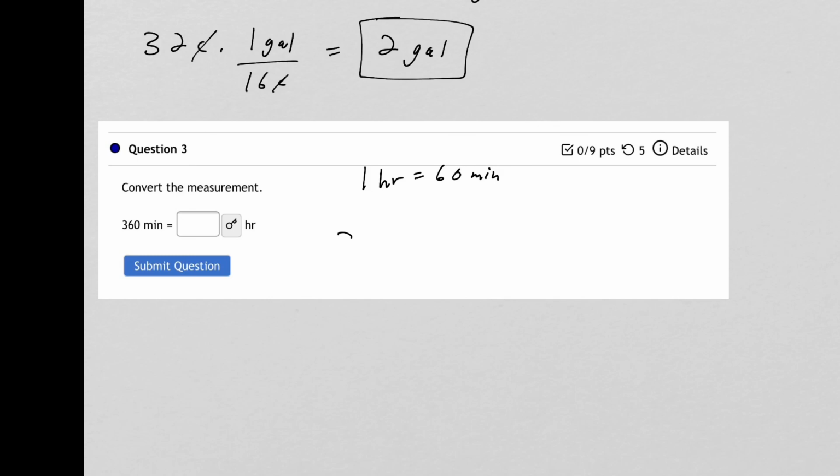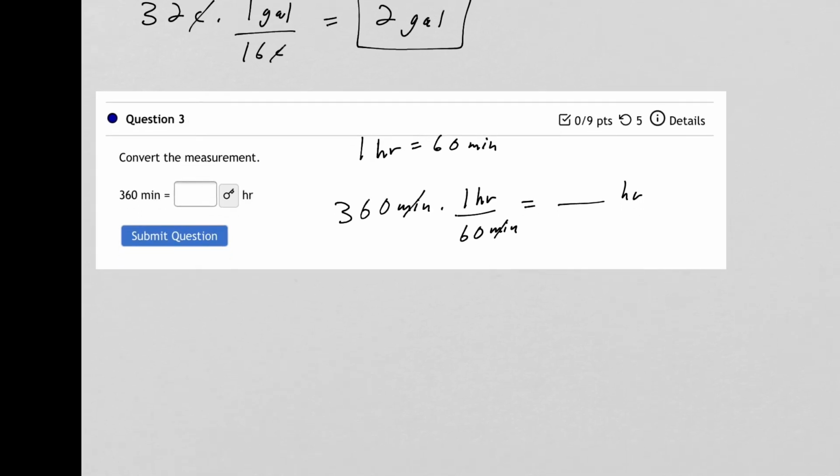So I start with 360 minutes. I want my answer to be in hours. So the unit conversion factor, how do I write this? I write it as 1 hour over 60 minutes or 60 minutes over 1 hour. Well, I want minutes to cancel, so I have to write it as 1 hour over 60 minutes. And then minutes will cancel.